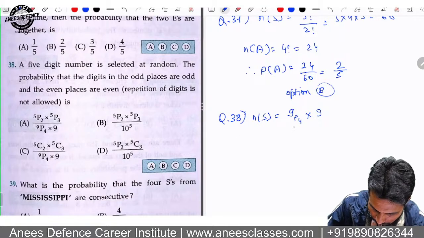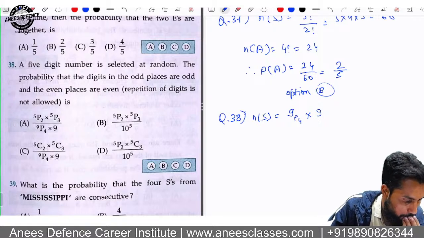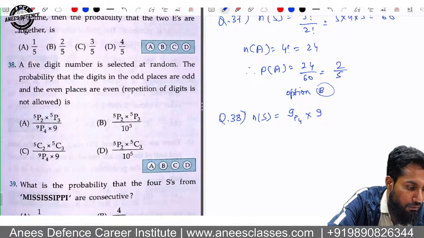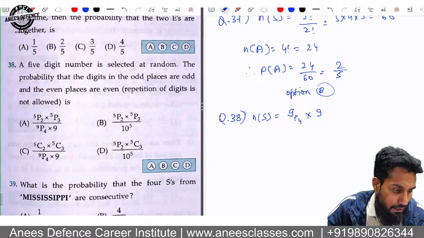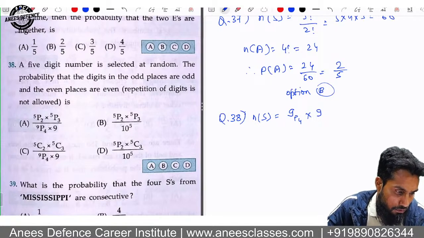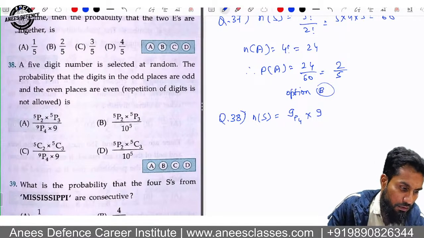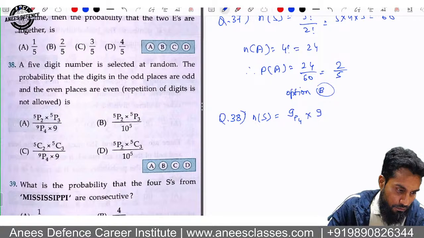So out of 9, 9p4, first you arrange it and then multiply by 9. The first place can be selected in 9 ways. The remaining 4 digits can be arranged in 9p4 ways.